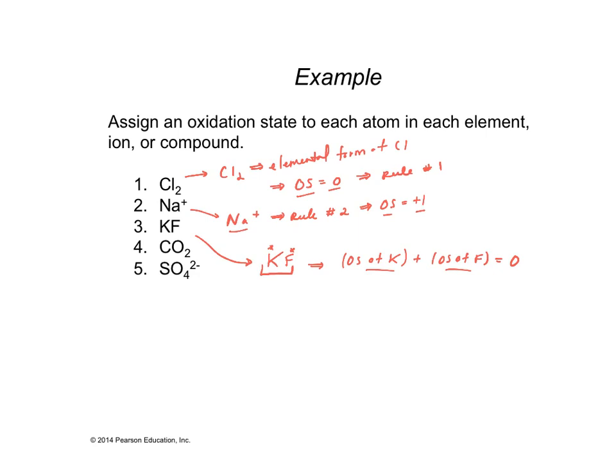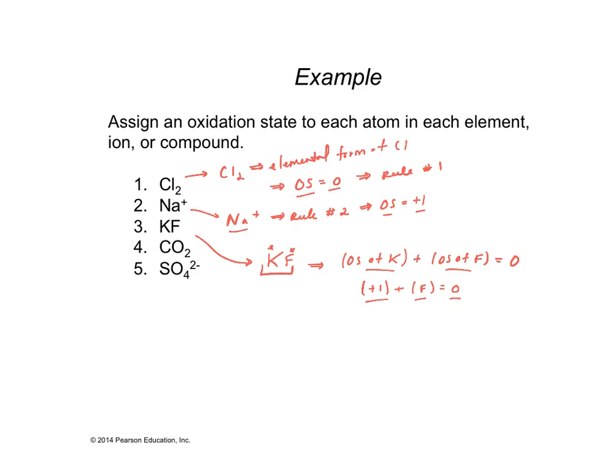okay? So rule 4 tells us that if we have a group 1 metal, that group 1 metal is always going to have a +1 oxidation state. Potassium is a group 1 metal, right? So that's going to trump fluorine. So potassium has a +1 oxidation state. So then fluorine is going to take on whatever oxidation state it needs to make rule 3 work, right?